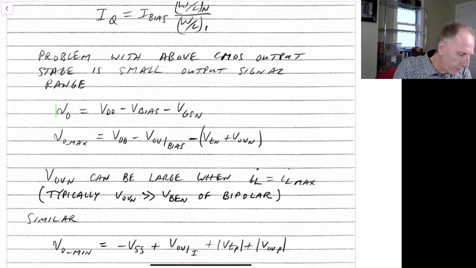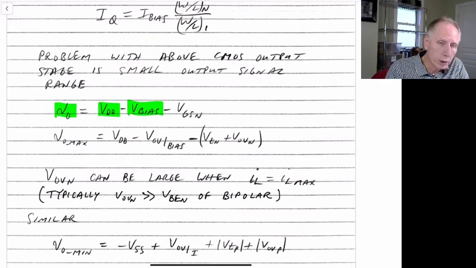And we see that the V out is equal to VDD minus the bias voltage, so V bias, minus VGSN.